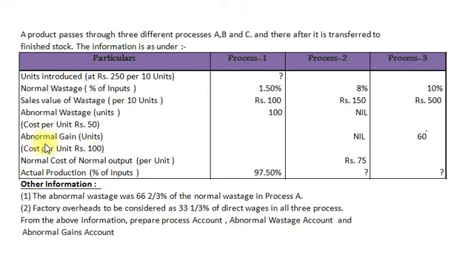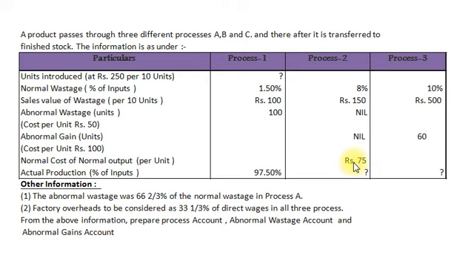Then we are given abnormal gain units in process 3, 60, and its cost per unit is 100. Dear students, again you understand here, cost of abnormal gain is equal to cost of our actual output, and it will be rupees 100. And then we are given normal cost of normal output per unit rupees 75 in process 2.